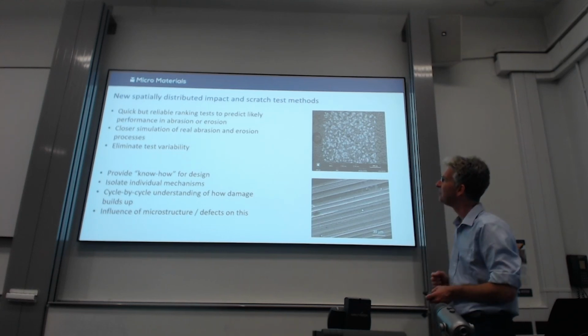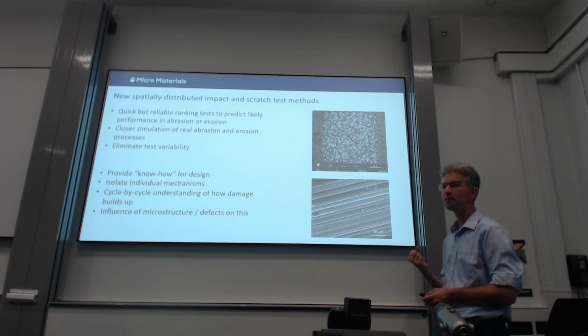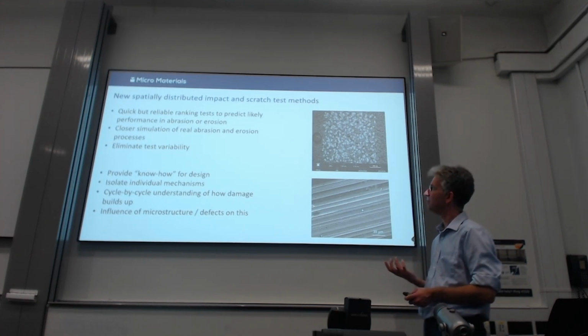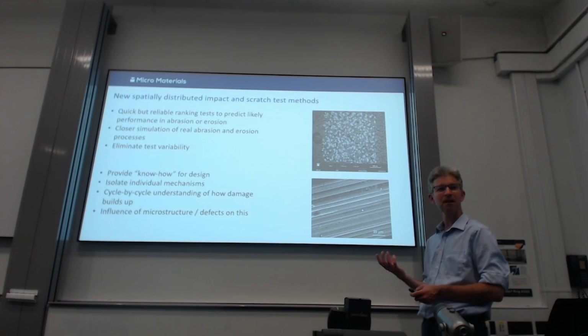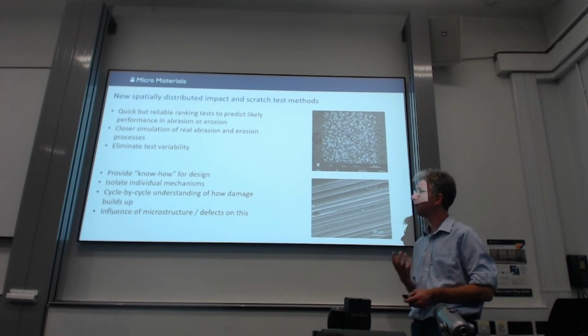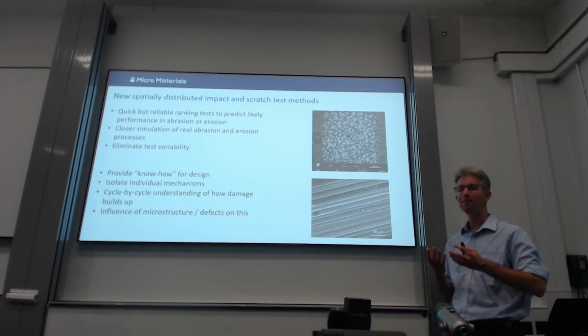But what industry's really after are lab tests that are going to give them quick but ultimately reliable test methods that are going to give some indication of their likely performance in these different industrial wear regimes. And they can achieve that by more closely simulating these regimes and therefore matching the mechanisms.